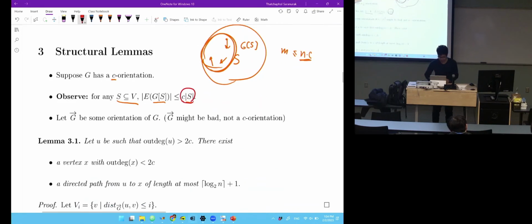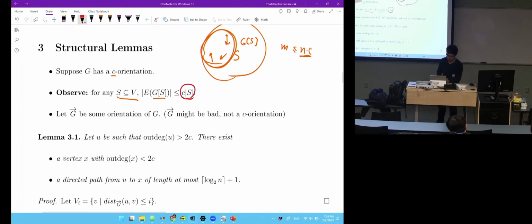Okay, so now comes the important lemma. Suppose that G has a C orientation, but let G arrow be some orientation, which might be a bad orientation, like it might not be a C orientation.